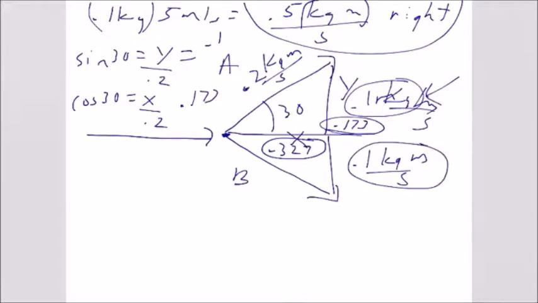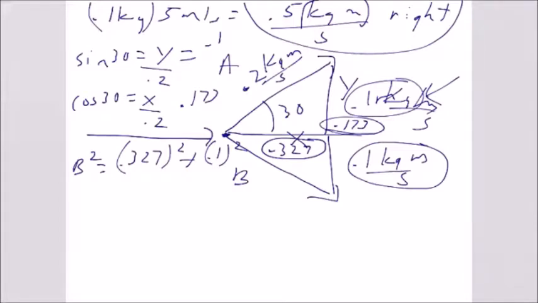So to get the total momentum, we can add those up using vector addition. So let's use the Pythagorean theorem. And in this case, we'll say B squared equals 0.327 squared plus 0.1 squared. Solve for B. So 0.327 squared plus 0.1 squared.